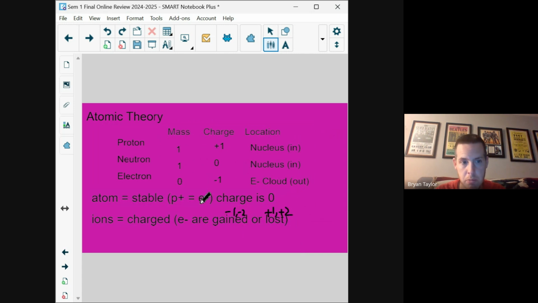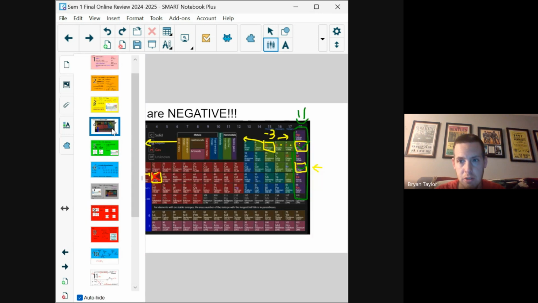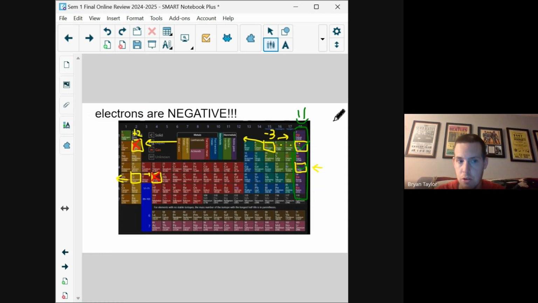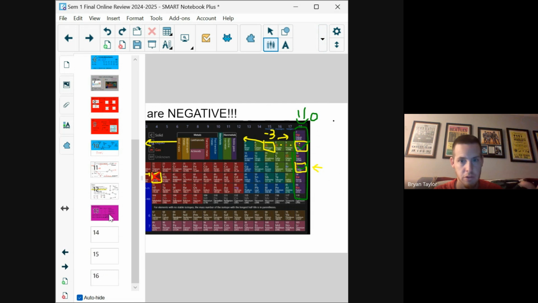Just so everybody remembers kind of earlier when we talked about that, it's no different. It's exactly like this. So all of these are ions with the charge. We're trying to become stable. No difference. Again, noble gases win. Charge is 0. No difference.